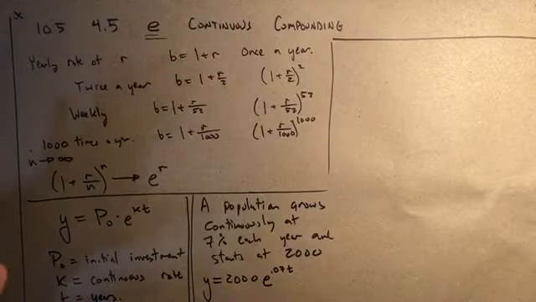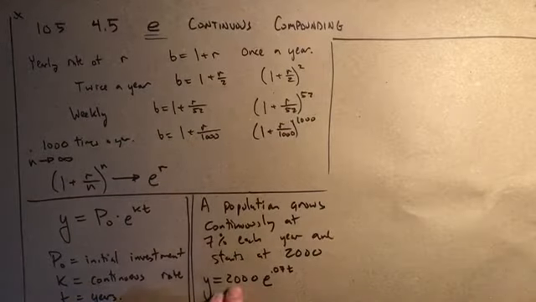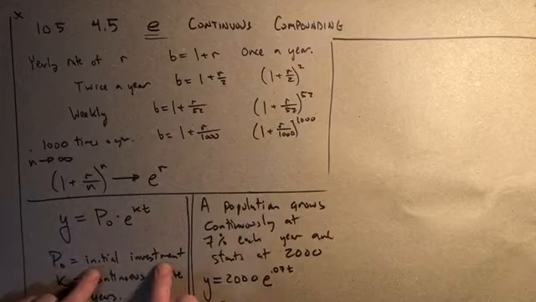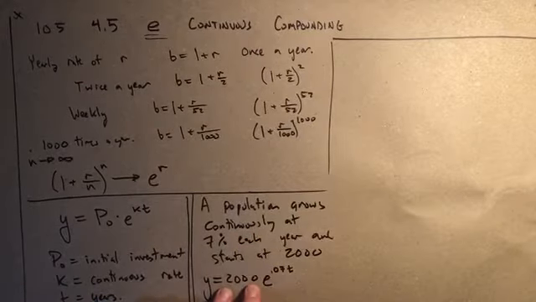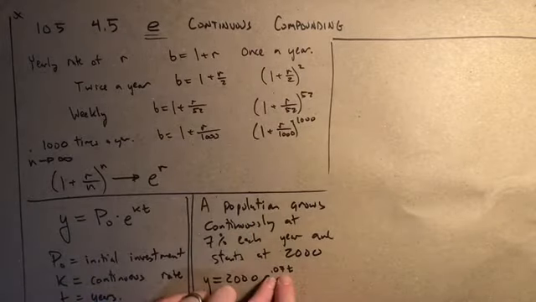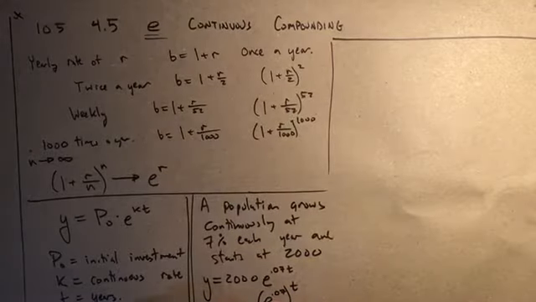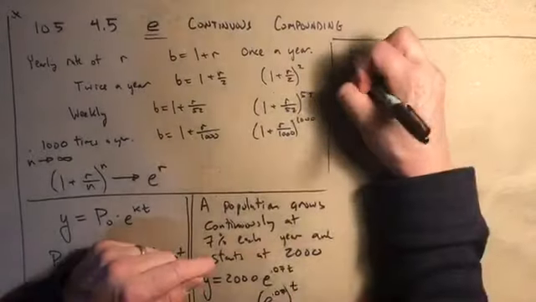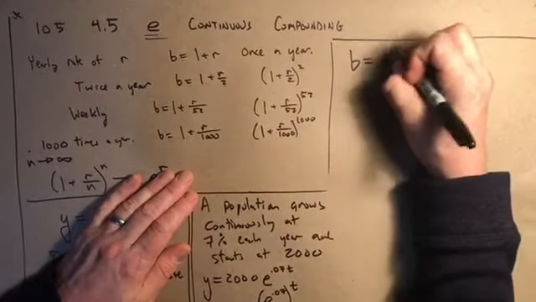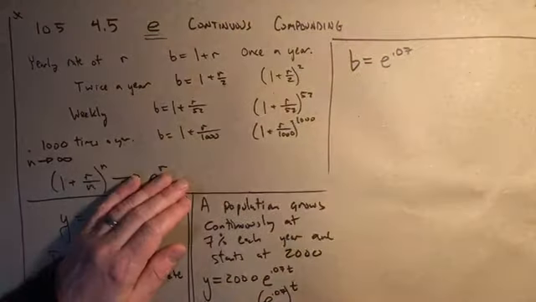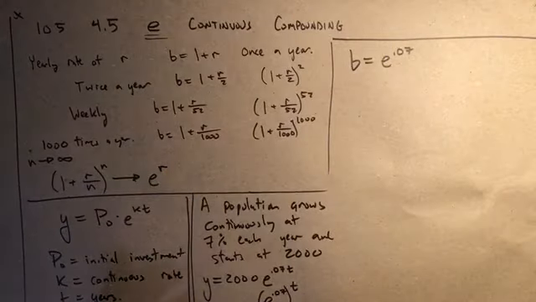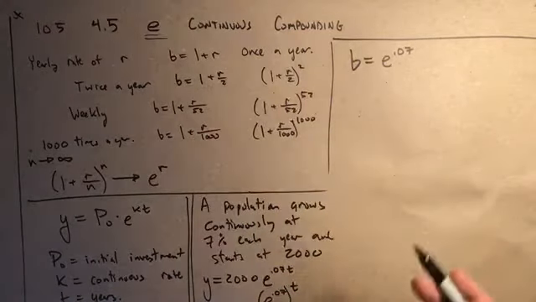Let's just put these things out there: the P naught value is our initial investment, 2,000, yeah? And our continuous growth rate is 7%. I can say this is e to the 0.07 raised to the t, and that shows us that our growth factor, b, is equal to e to the 0.07. That is not that great of a stretch of the imagination. We just used our properties of exponents to break that thing up and get our specific b value.